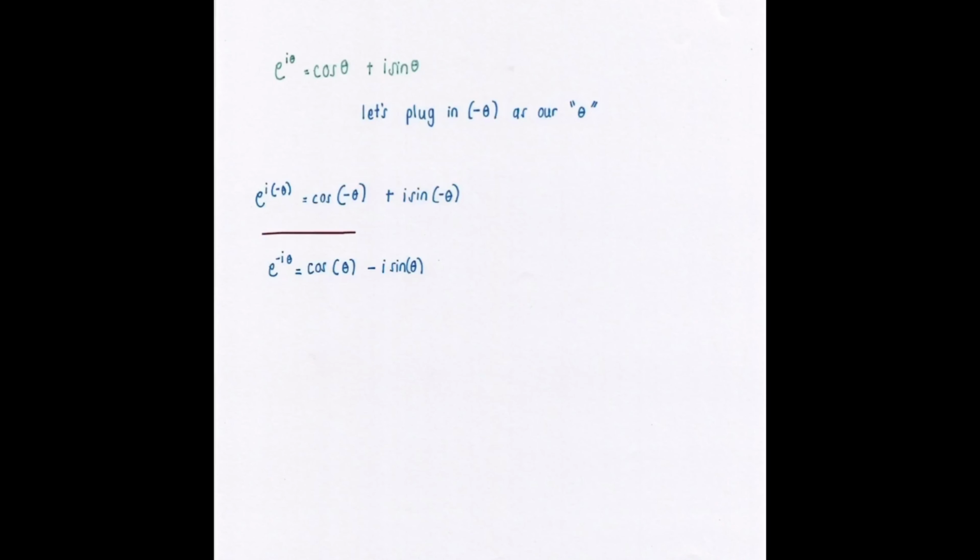We get this. But we know that cosine is an even function, so cos of negative theta is the same as cos theta. And we know that sine is an odd function, so this is the same as this. We end up getting this result, and this puts us one step closer to where we need to be.